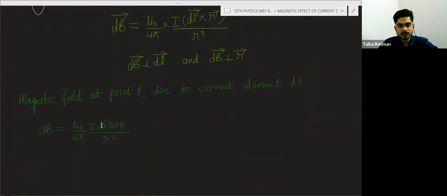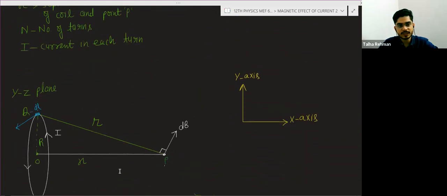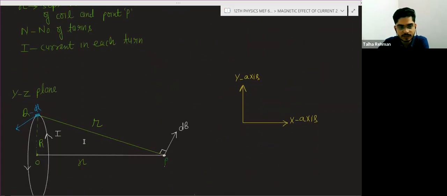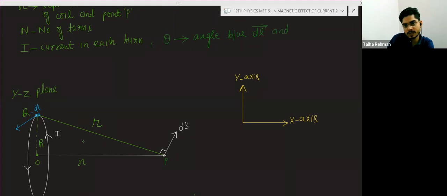So what about this theta? Theta is the angle between the r vector and dl vector, already defined, the angle between the dl vector and r vector.